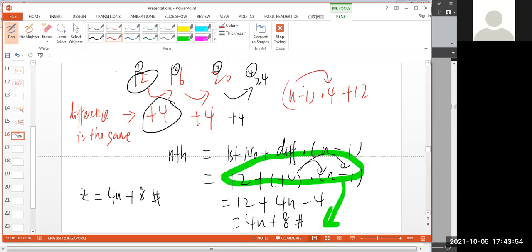So you need to simplify further. The first arrow you will get 4n. Second arrow minus 4 plus 12. So you need to simplify it until 4n plus 8. You cannot stop here. You open the bracket. But the z is actually 4n plus 8 after simplification.